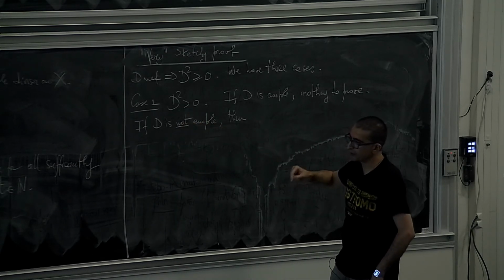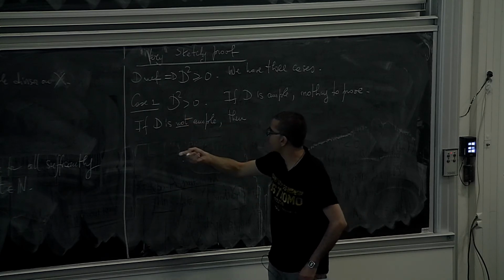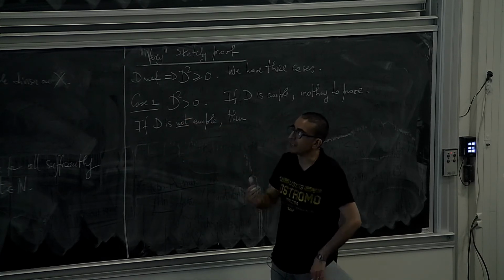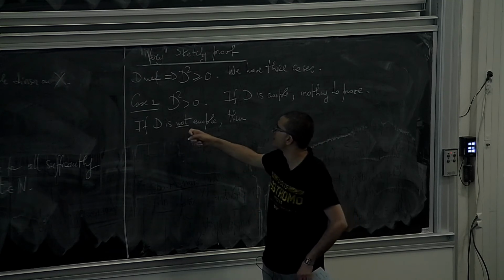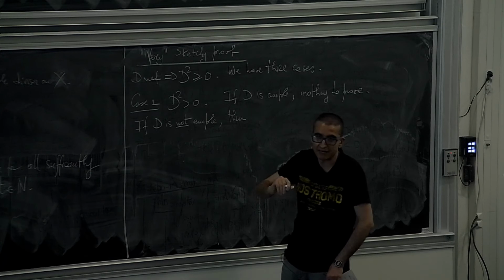So recall that by Nakai-Moishezon, if D intersects every curve positively, it must be ample. So we are assuming that it is not ample, so there is a curve which intersected with it is 0, because it's nef.